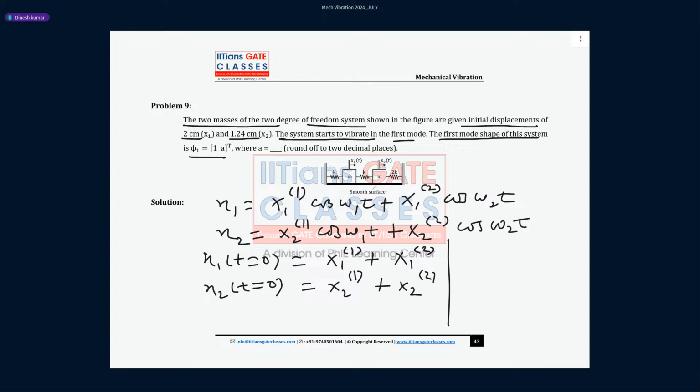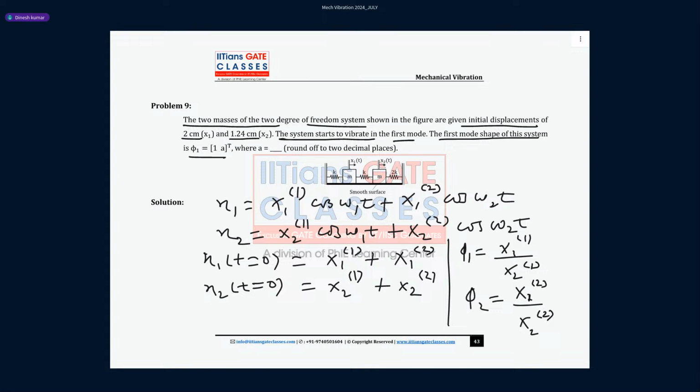We also know the amplitude ratios. Phi1 is x1 for first mode upon x2 for first mode, and phi2 is x1 for second mode upon x2 for second mode. These are the equations you should know for 2 degrees of freedom.